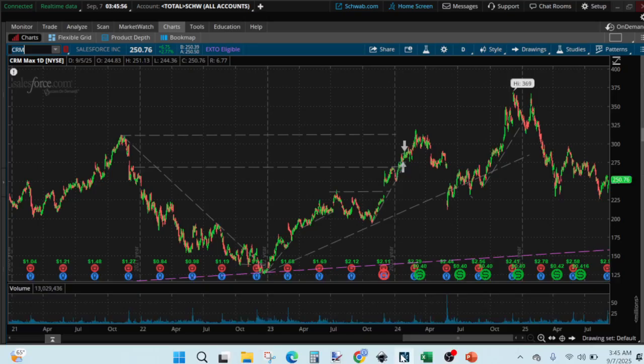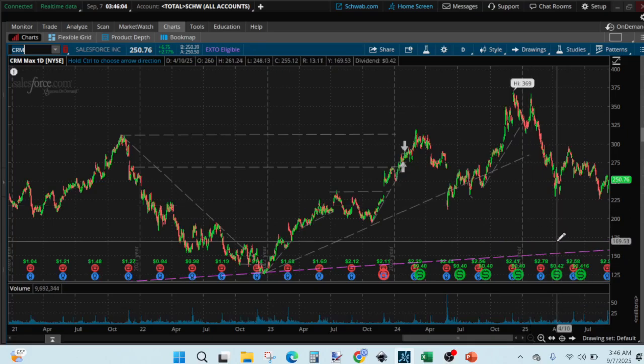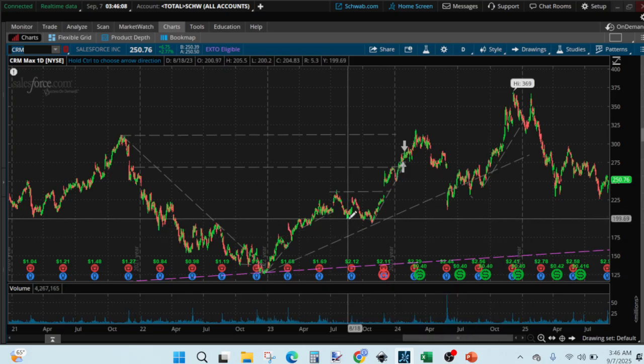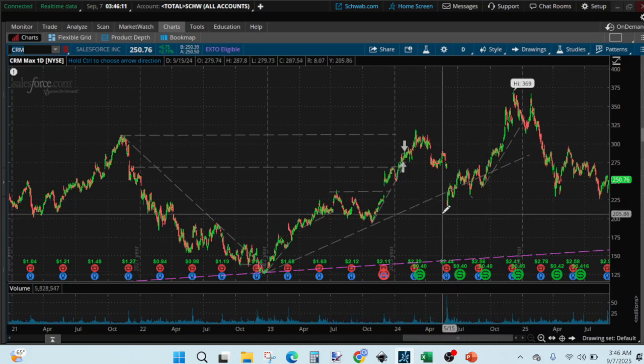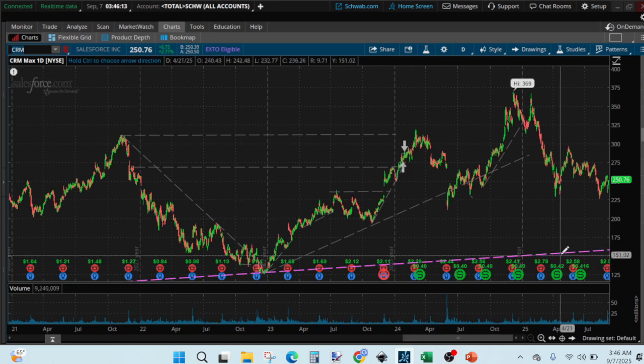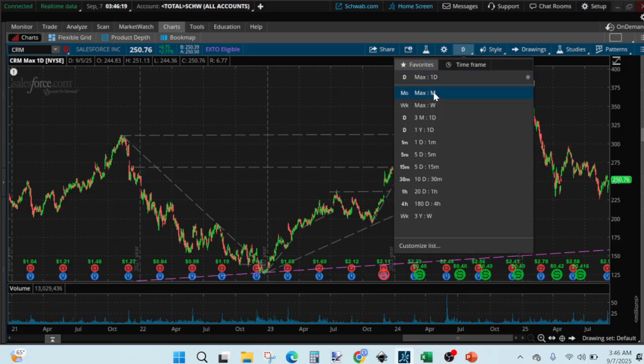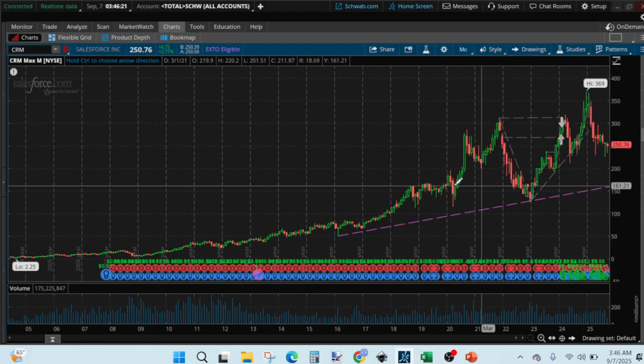And the way the strategy works is you analyze your chart as often as possible, like on a daily basis if you can, to just observe how the chart is moving. You trace your support lines passing by the lows of the chart using the maximum monthly chart.